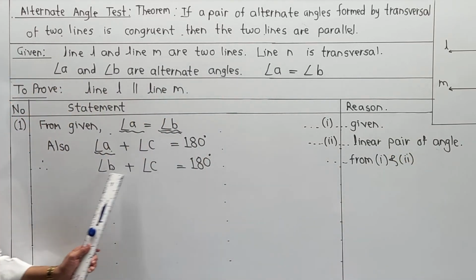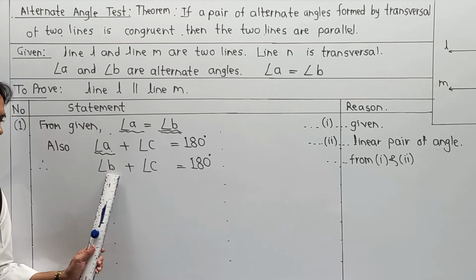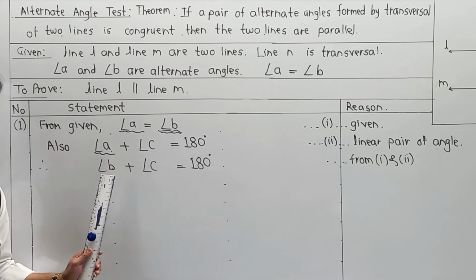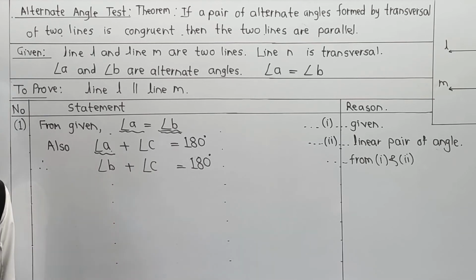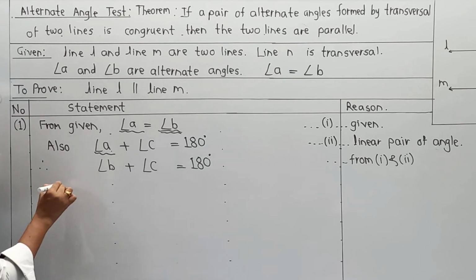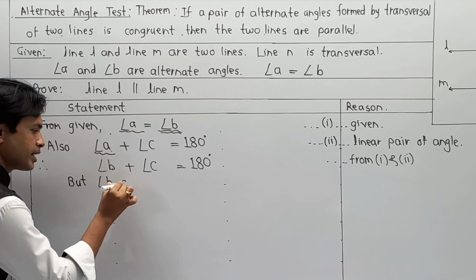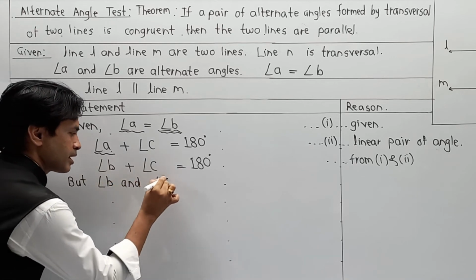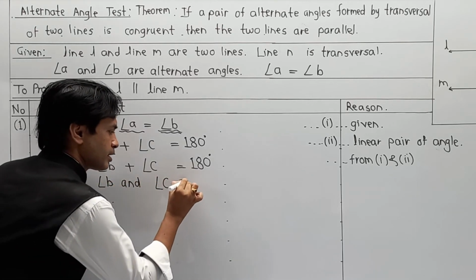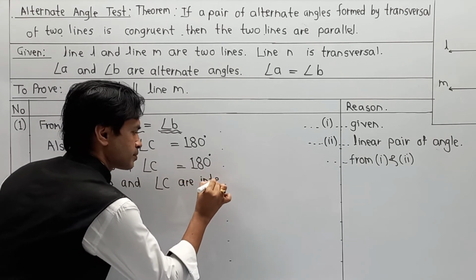As angle B plus angle C is 180 degrees, but angle B and angle C are nothing but interior angles. So I am going to write, but angle B and angle C are interior angles.